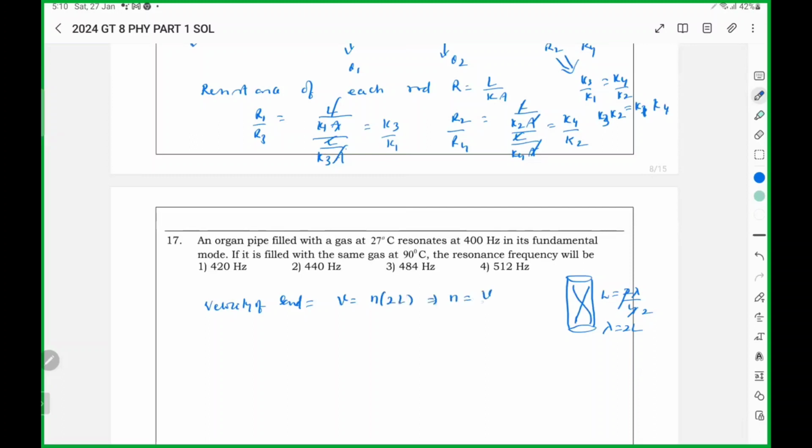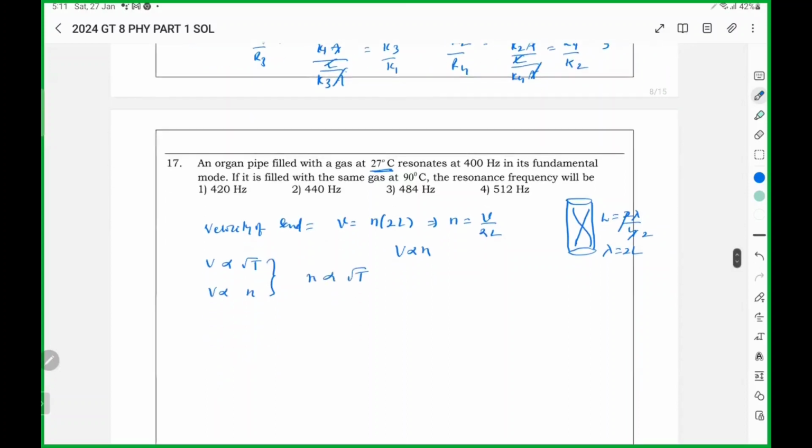The frequency is V by 2L. How velocity and temperature are related, V is proportional to root T. Here, L is fixed, V proportional to N. That means frequency is proportional to root of temperature. N1 by N2 is root of T1 by T2.